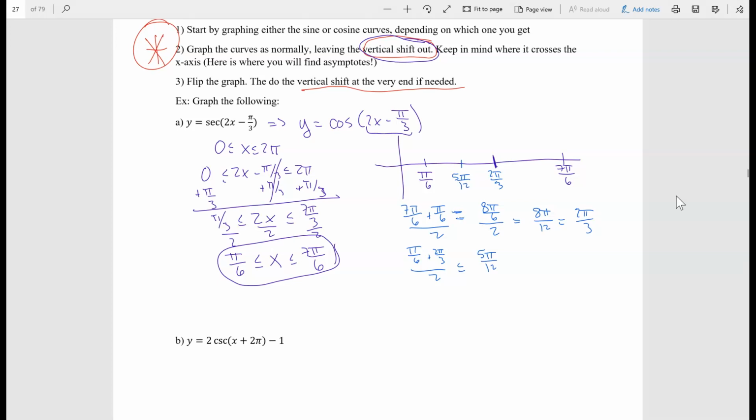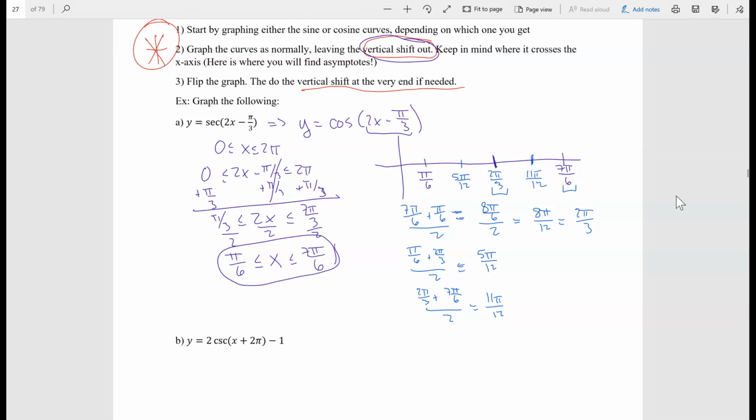And then I'm finally going to take this 2 pi over 3 and add it to 7 pi over 6, divided by 2. I'm going to get 11 pi over 12. So this one right here will be 11 pi over 12.